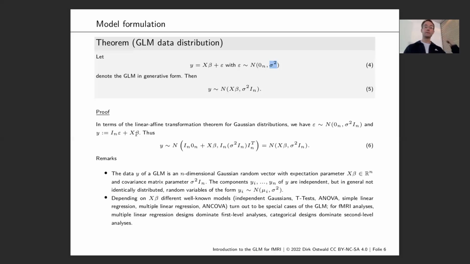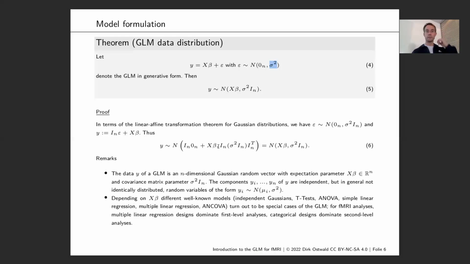And then from the linear affine transformation theorem, from before the break, we can read off that the data is multivariate normally distributed. The expectation is given by the transformation of the expectation parameter plus the thing that we add to epsilon. So the expectation of epsilon is 0n, the transformation matrix is IN, that's 0 because there are only zeros there.